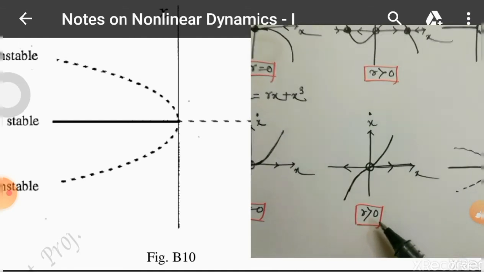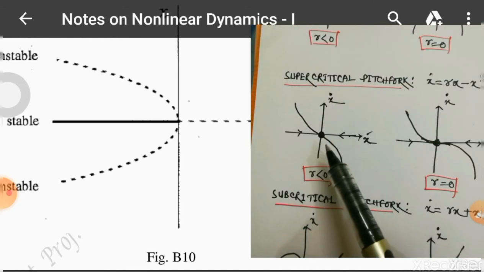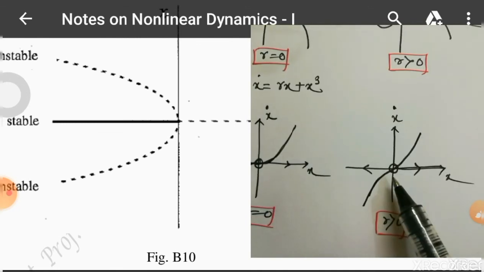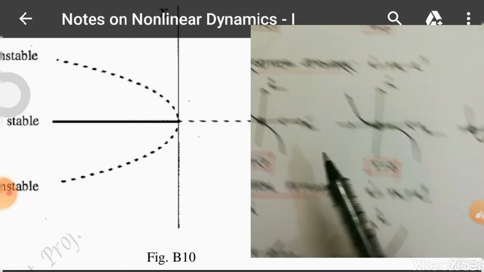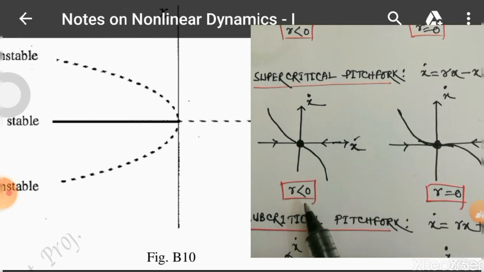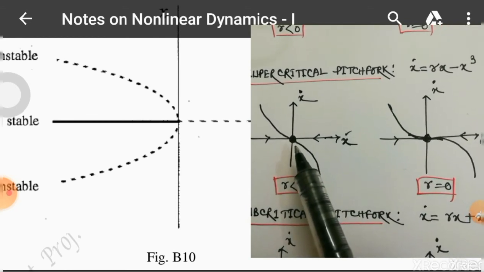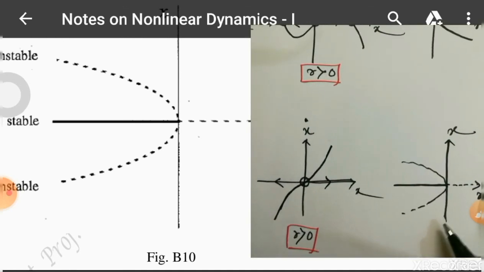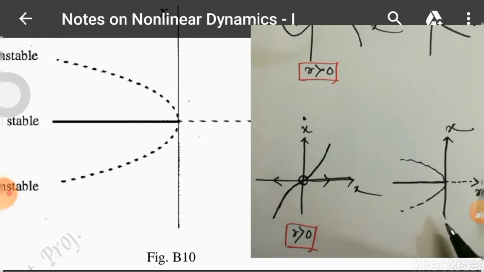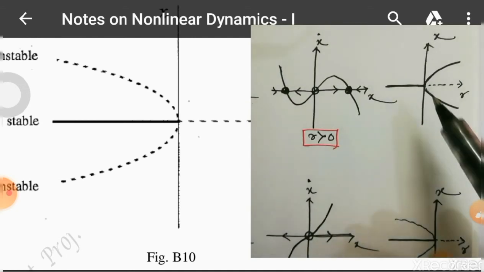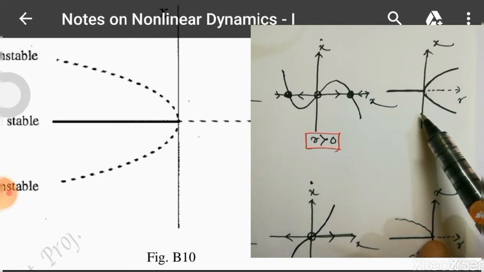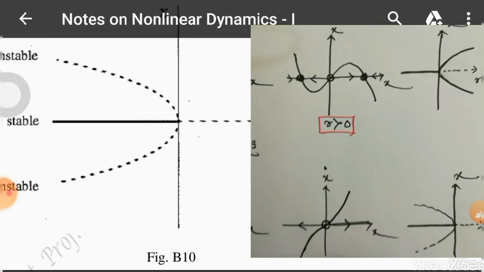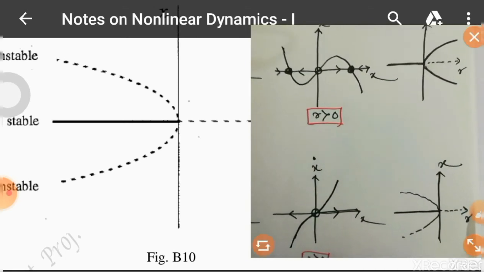For r greater than 0, there is only one fixed point, which is unstable, whereas for supercritical bifurcation with r less than 0 the fixed point was stable. The bifurcation diagram for subcritical bifurcation looks like this figure. It is just the inversion of the bifurcation diagram for supercritical bifurcation. Okay, these are all about the bifurcations for one dimensional flow.